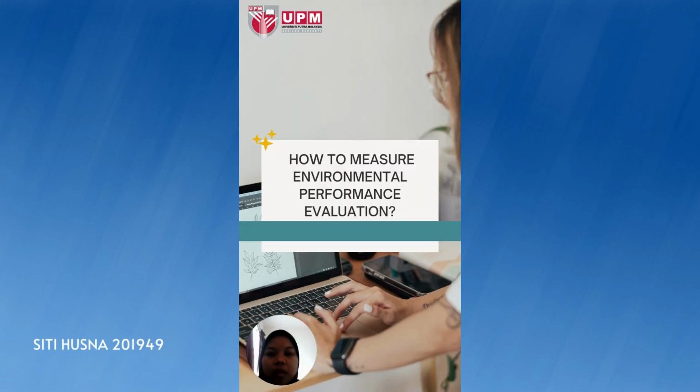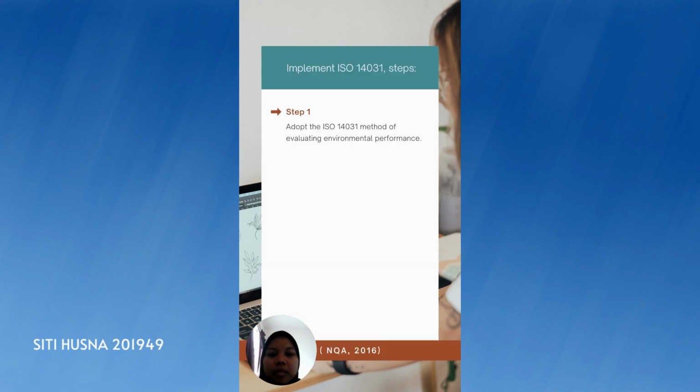Now, I would like to share how we can measure the environmental performance evaluation. Environmental performance evaluation can be measured using ISO standard, which is ISO 14031. The first step is to adopt the ISO 14031 method of evaluating environmental performance. The second step is develop meaningful environmental key performance indicator, KPI.